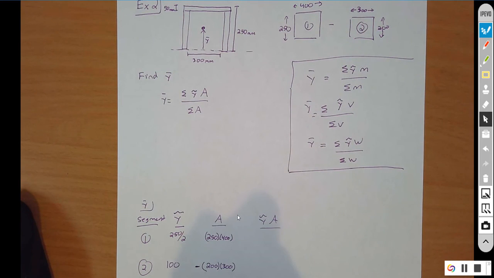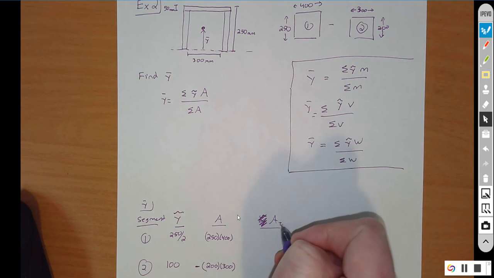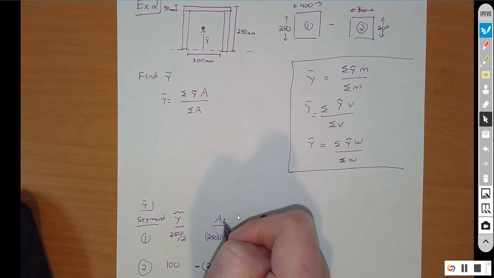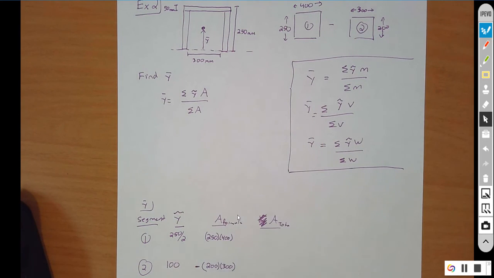Alright, so let's total that up. I'll just make another column, so we have the formula for A, the total for A. You're trying to bookkeep and keep everything in line.